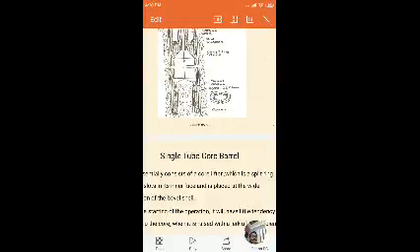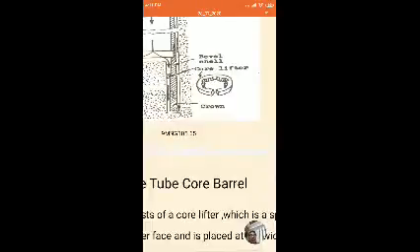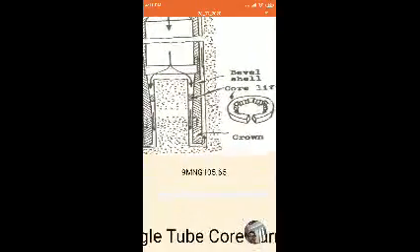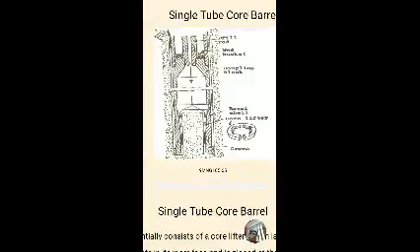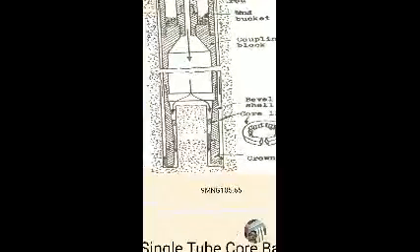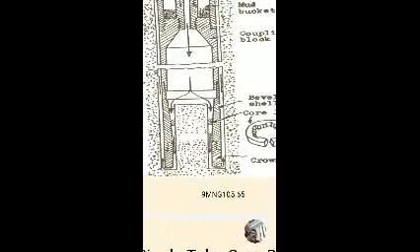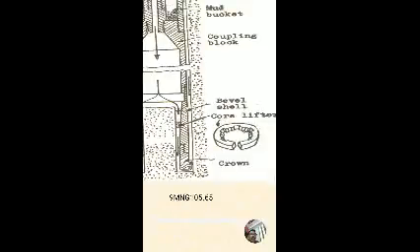Then what happens? This slit ring, because of gravity, wants to come down, and in the center of the slit ring the core will be there. Due to the bevel shape of this area, it catches the slit core lifter.